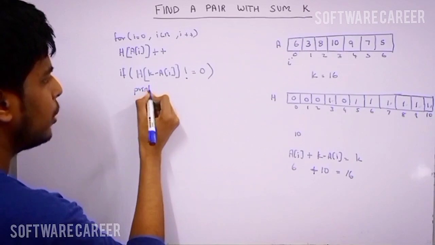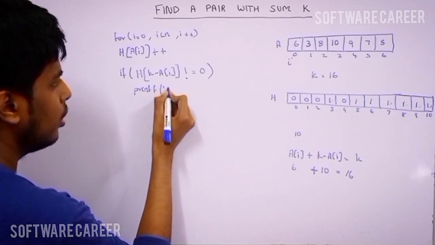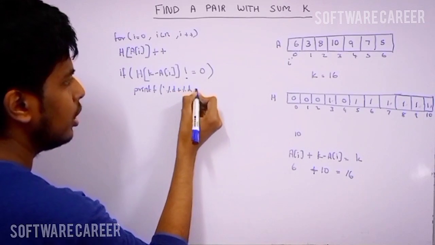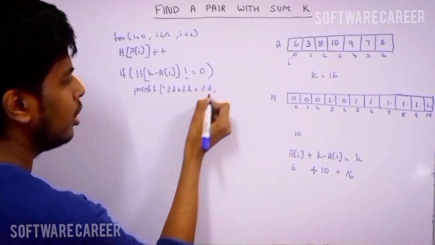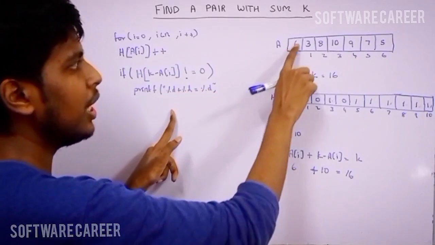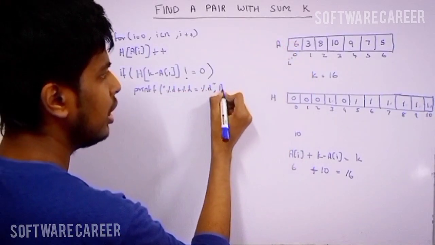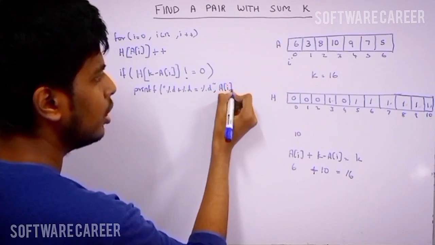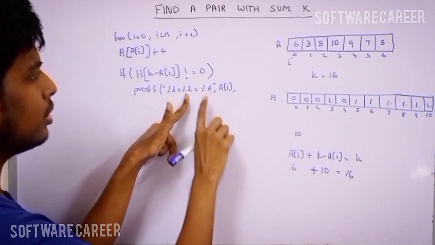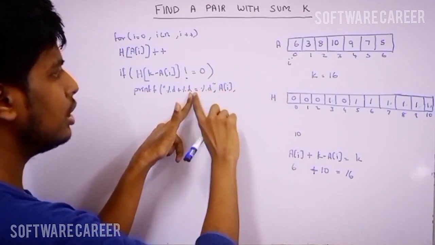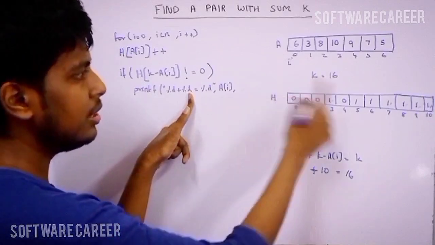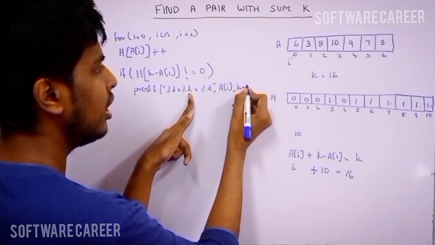So you should write printf, percentage d plus percentage d equals percentage d. What is this percentage d? The first percentage d is a[i], that is 6, so I am writing a[i]. The second percentage d is 16 minus 6, that is 10, so I am writing k minus a[i].